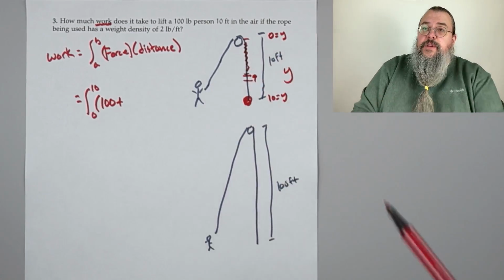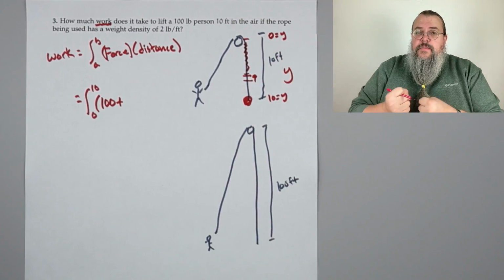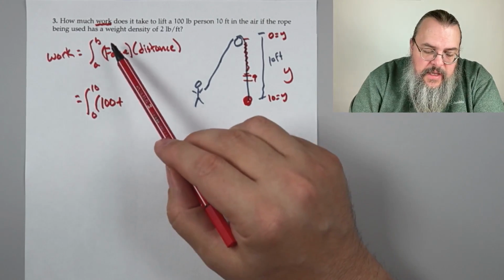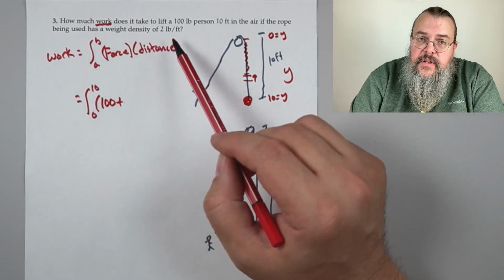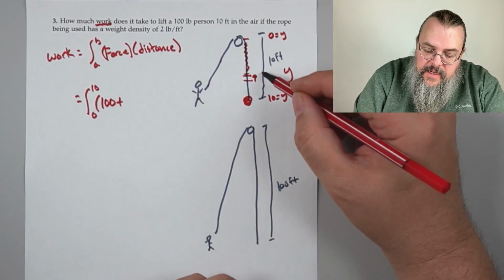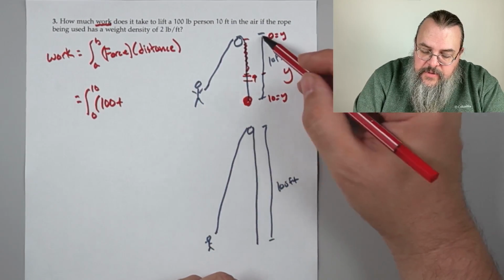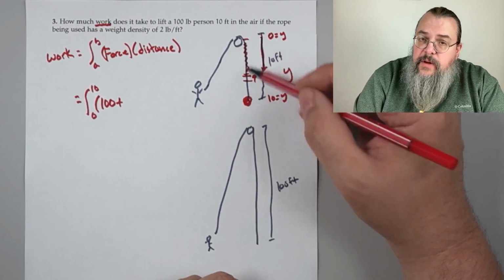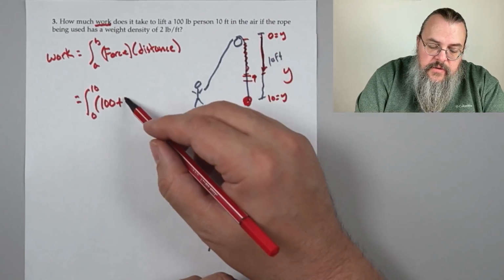Because I'm not just pulling up the person, I'm pulling up the rope, because the rope has weight. And namely, it weighs 2 pounds per foot. So if I'm at a height y, and remember this is from 0 to y, so that's y, well, how much does that rope weigh? Well, it's 2y.